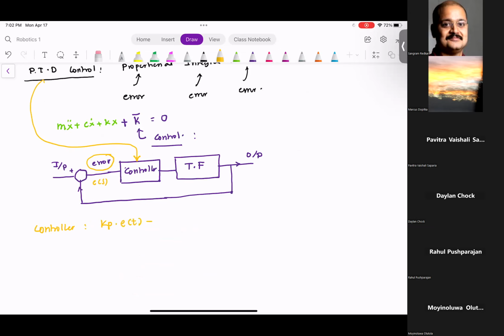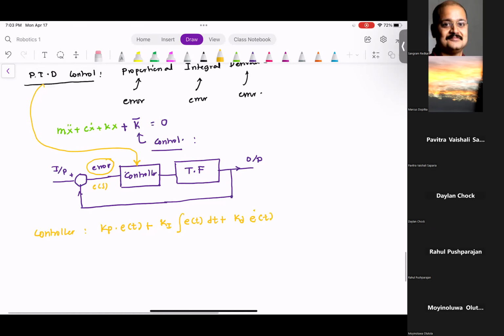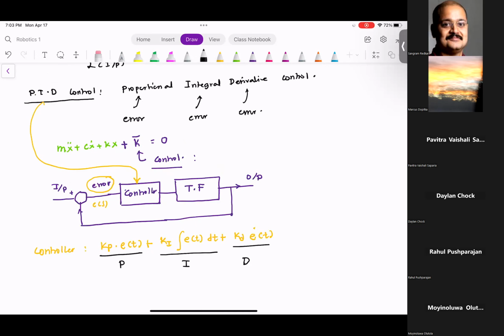Kp e of t plus Ki integral of e of t dt plus Kd e dot of t. As you can see, this is proportional, this is integral, and this is derivative. So PID is a nice way of controlling the system dynamics, and is commonly used in industry.